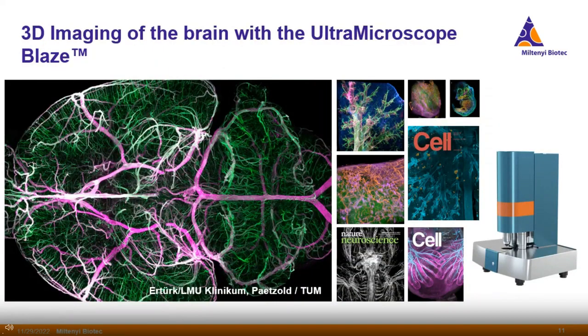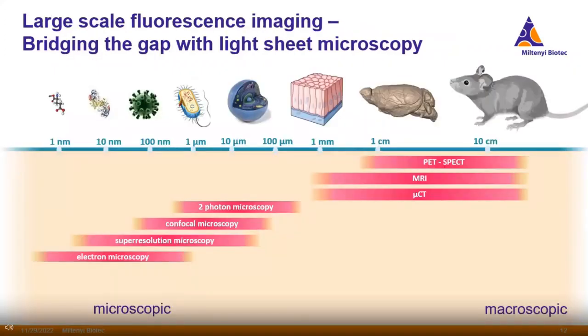Coming then to the UltraMicroscope, which will also be mentioned later in Iben's talk. This is a light sheet microscope, and you can see here some examples of when it was used in several publications for the analysis of the brain, but also for other tissue.